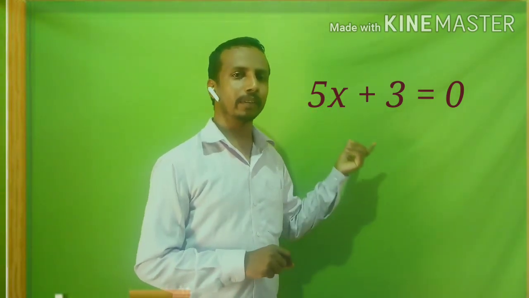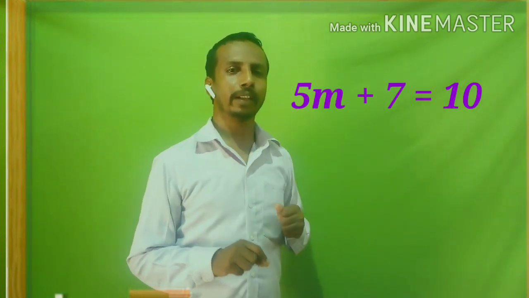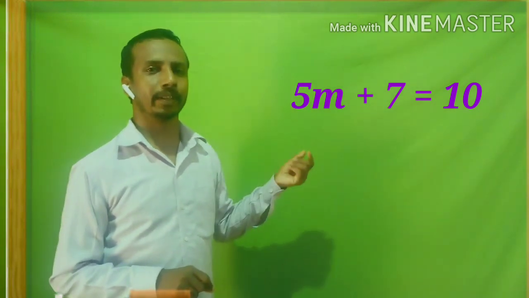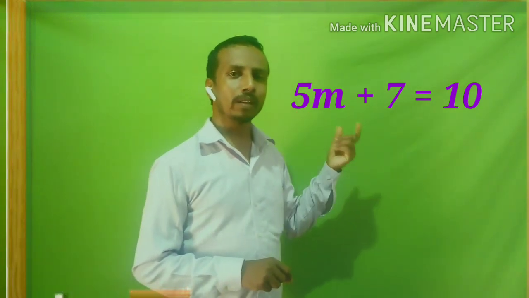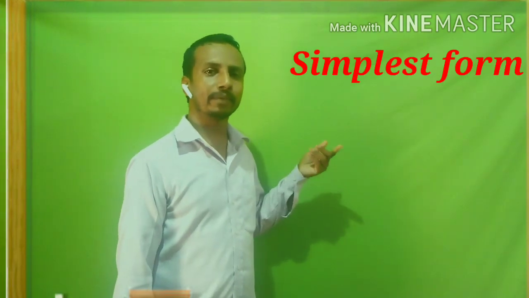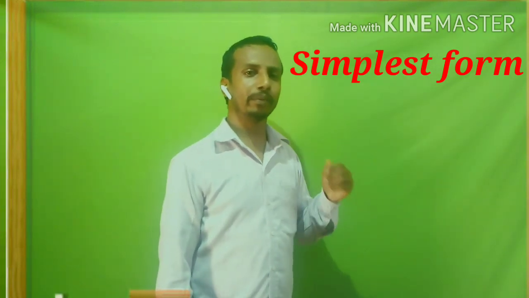Then another one, 5m plus 7 is equal to 10. It is also an example of a linear equation in one variable, because it has only one variable. Now we are going to study the simplest form of a linear equation in one variable.